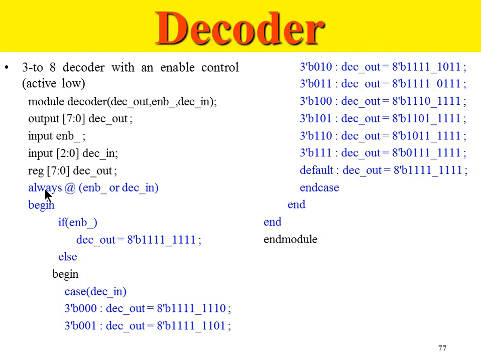With a decoder, you have n inputs and 2 raised to n outputs. If inputs are 3, 2 raised to 3 is 8, so you have 8 outputs. If inputs are 2, 2 raised to 2 gives 4 possible outputs. But there are no select lines. Okay?